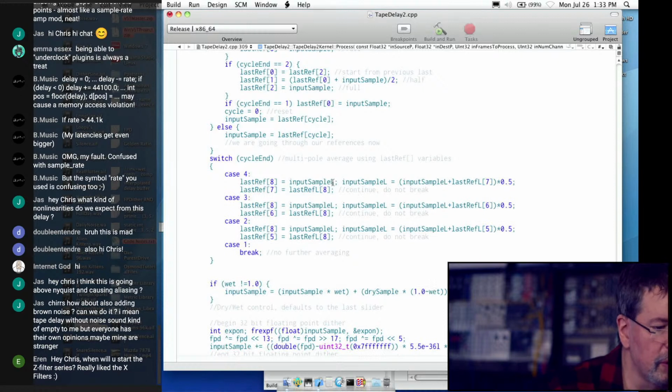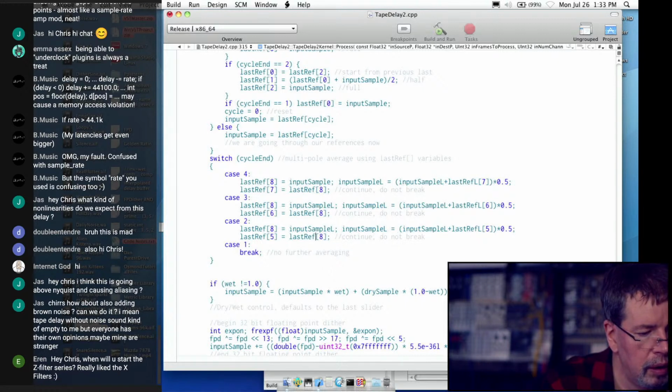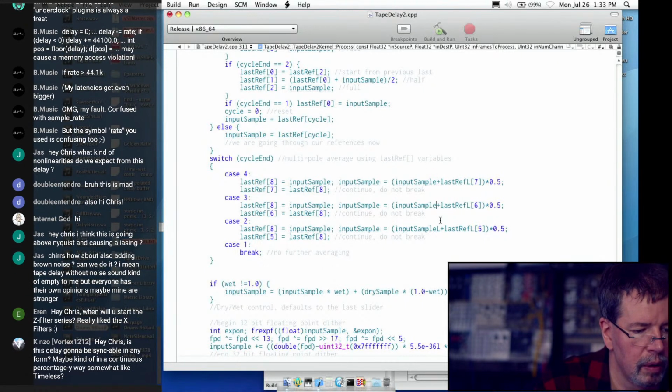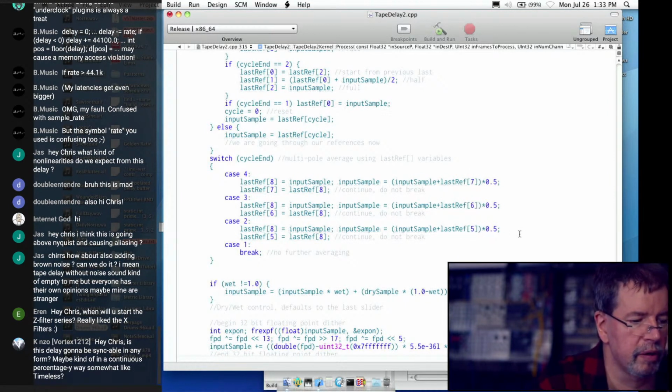I could have left these all labeled L, wouldn't make any difference. But now it's correct.